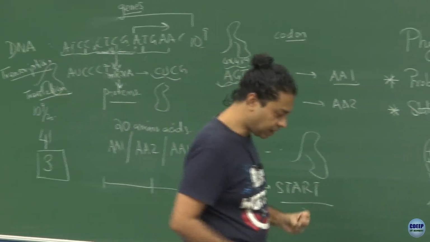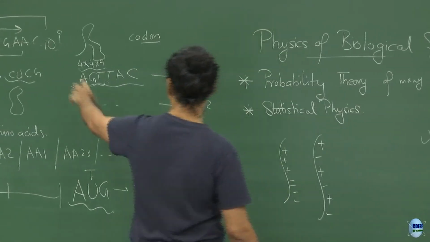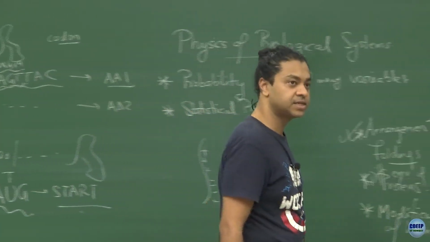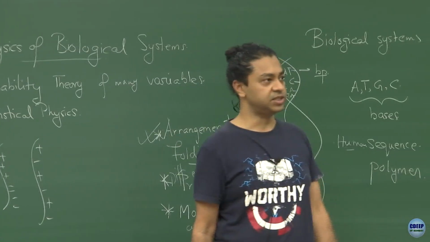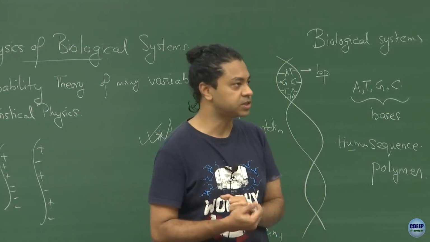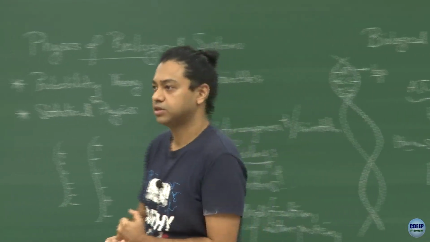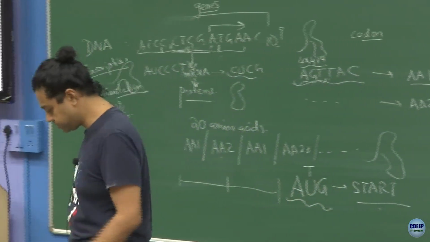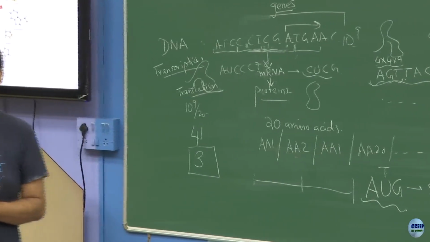You could ask, out of this billion base pairs, what fraction of these are actually genes? What fraction actually codes for proteins? Any idea? It differs from organism to organism, but in humans, any idea?